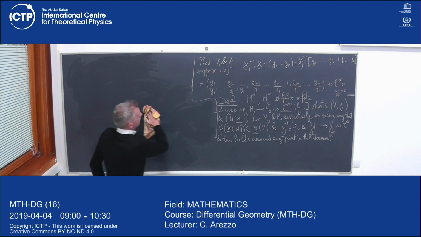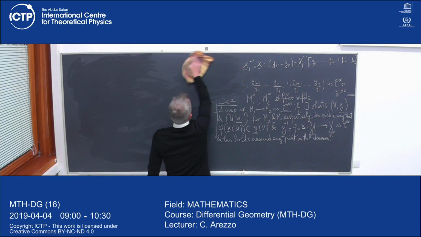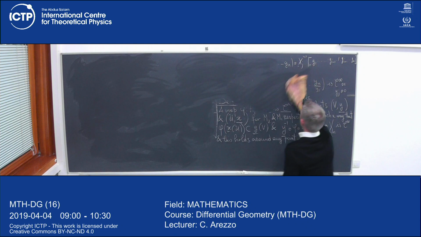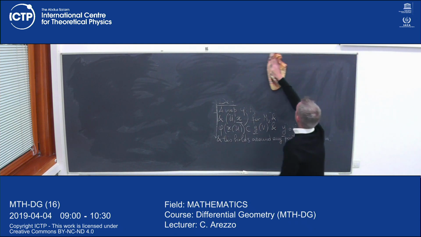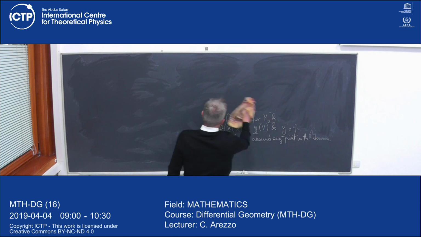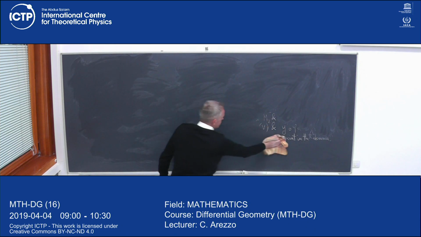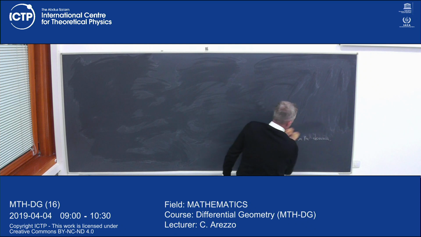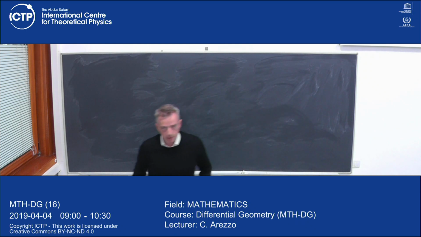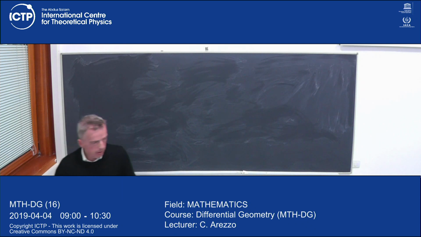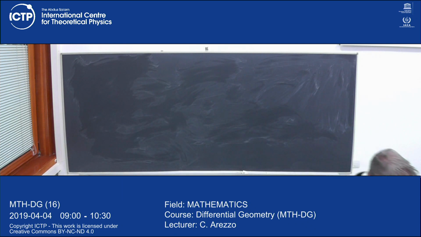Now, the actual definition is not difficult anyway. It's really more psychological, because we are used to think of tangent vectors as real vectors, real objects, I mean points in some space, okay? And that's the thing you have to stop thinking about.